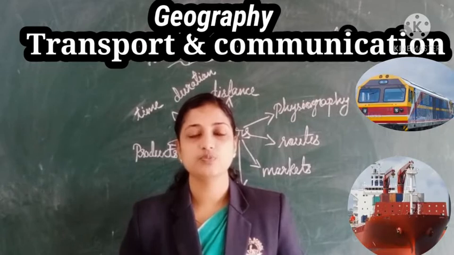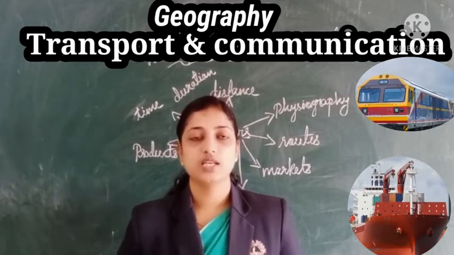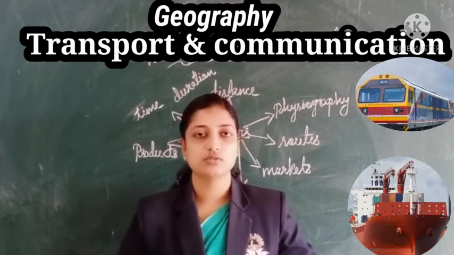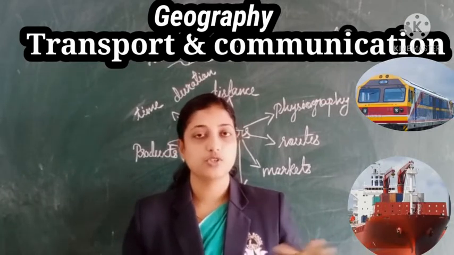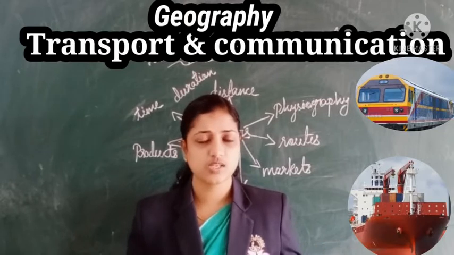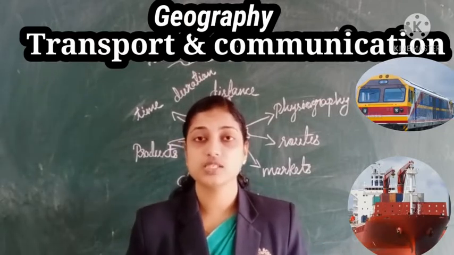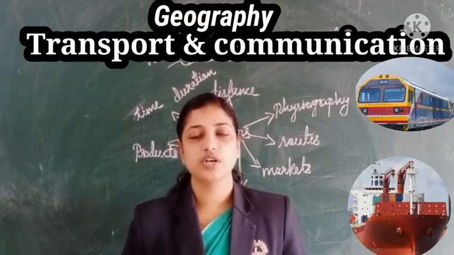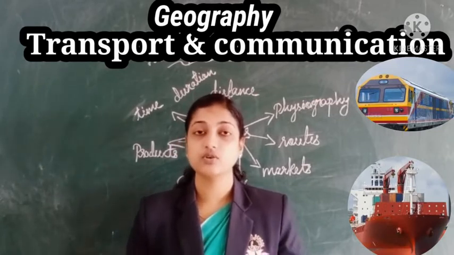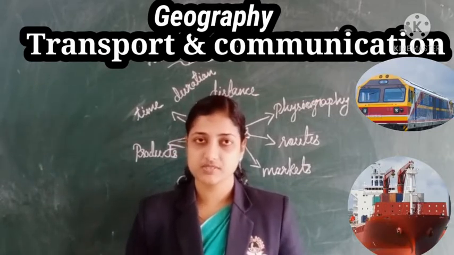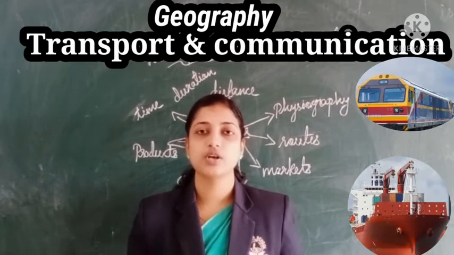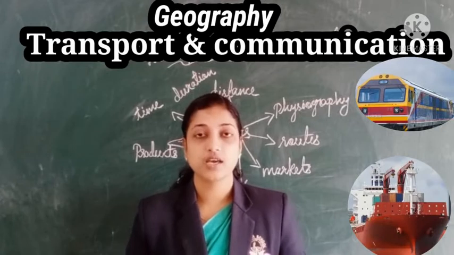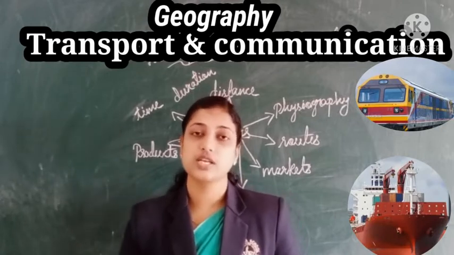It is helping to provide regional connectivity. That means we can travel within our country, between the countries, between the states, etc., through this transportation system. Next one, utility of site. Wherever the different ways of transportation are there, that region we will use in a proper manner.